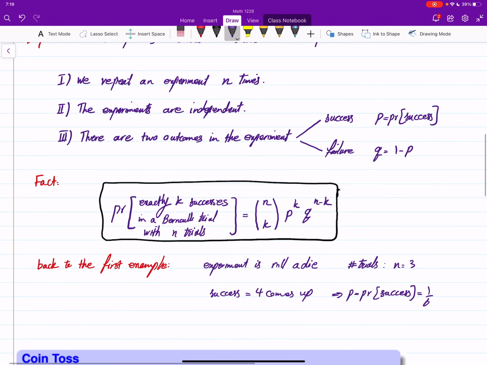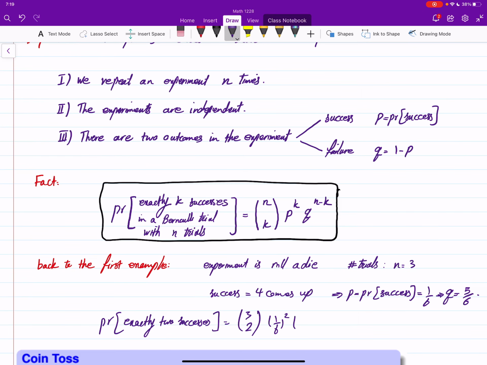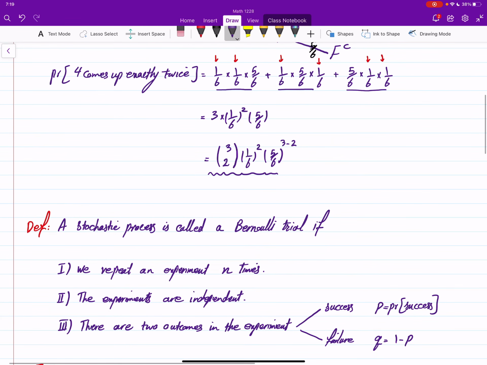As a result, the probability of failure, which is denoted by Q, is 1 minus 1/6, which is 5/6. And we were interested in the probability of exactly 2 successes, which gave us 3 choose 2 times P to the power 2, then Q to the power of the rest. And that's exactly what we found in that example.